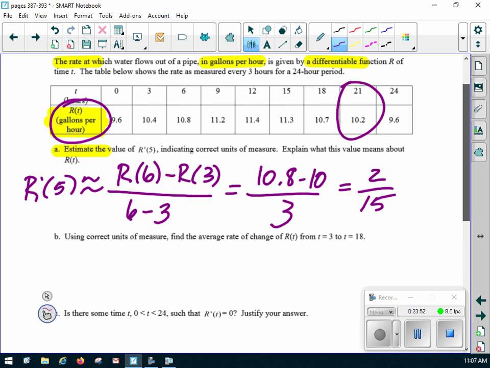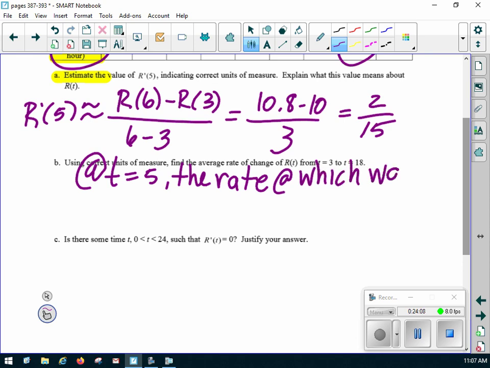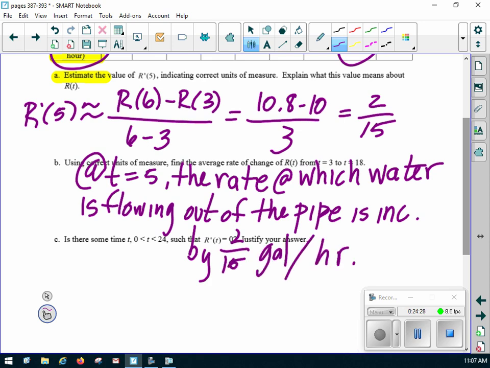So the rate is increasing because r prime of 5 is positive. So we're going to say at time 5, the rate at which water is flowing out of the pipe is increasing by 2/15 of a gallon per hour.